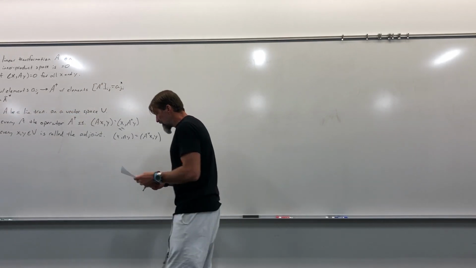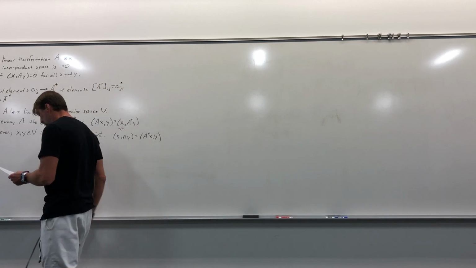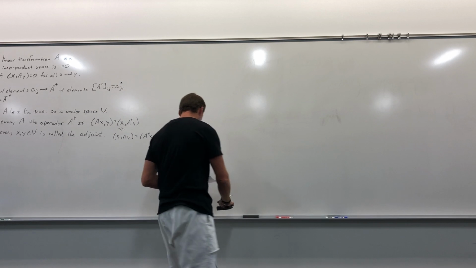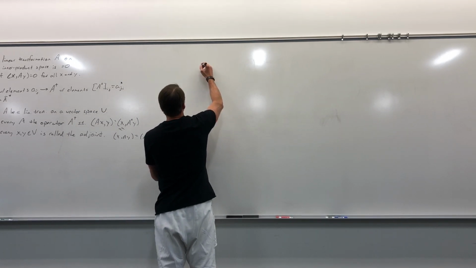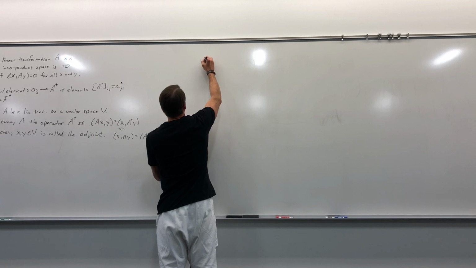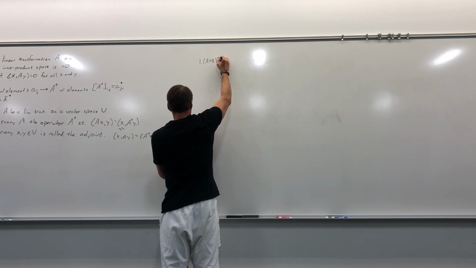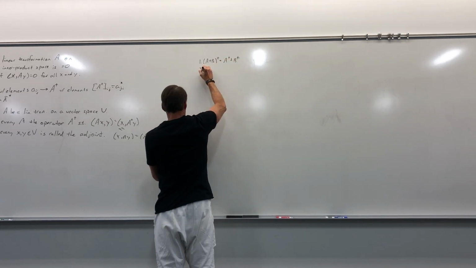But here are some useful things that this definition satisfies, and I'll actually go through a proof of one of them just to show you how we actually do it without working with matrices. First of all, with this definition, one can show the following are true. One, A plus B adjointed is A adjointed plus B adjointed.